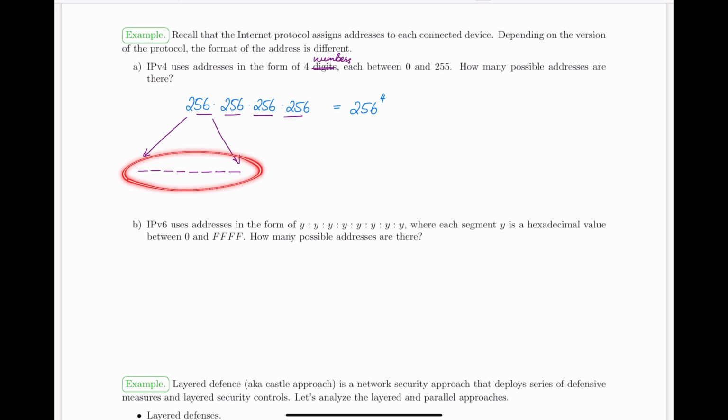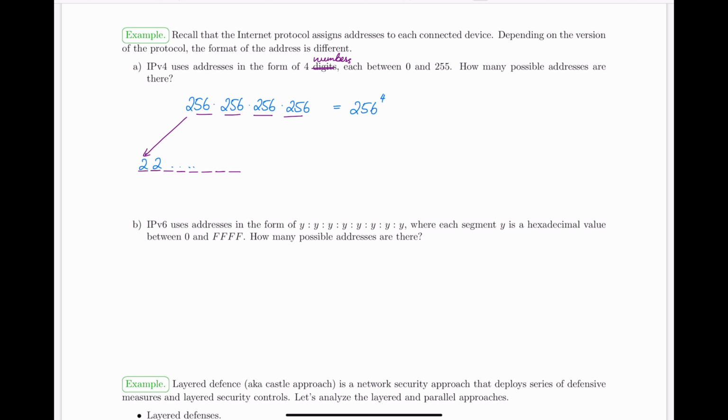There are 8 spots here, and each one in binary has 2 possible options. This digit can be either 0 or 1. So I'm going to have 2 options for the first digit, 2 options for the second one, again, can be 0 or 1, all the way down to the last spot here.